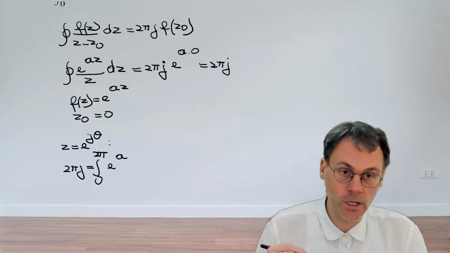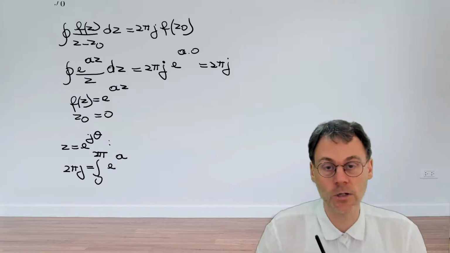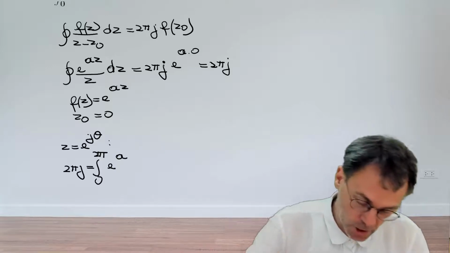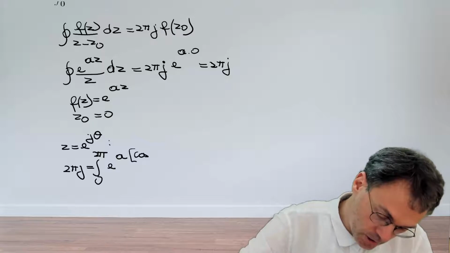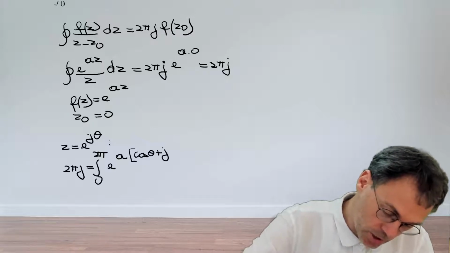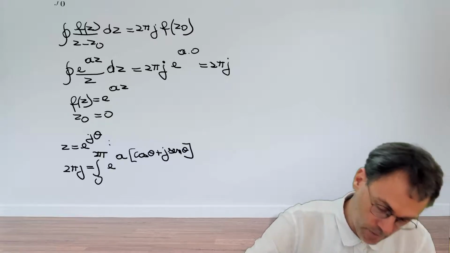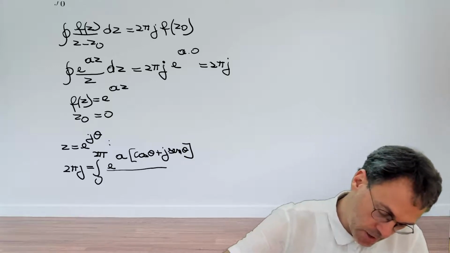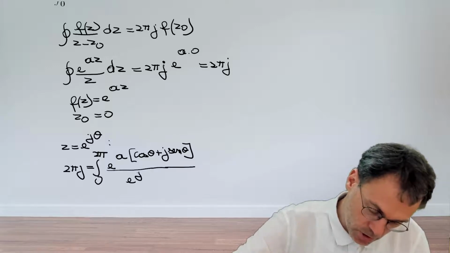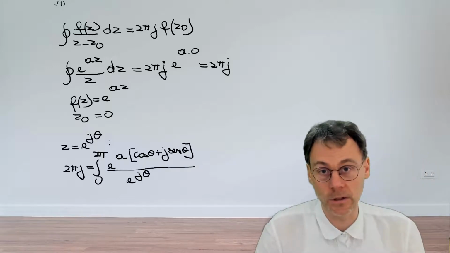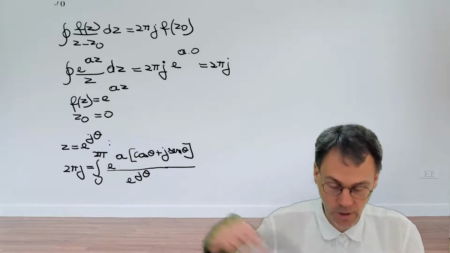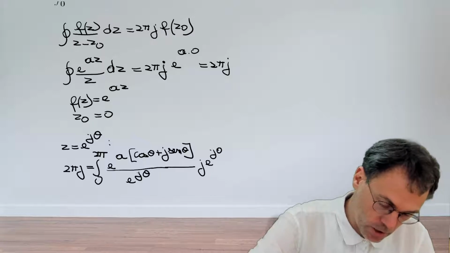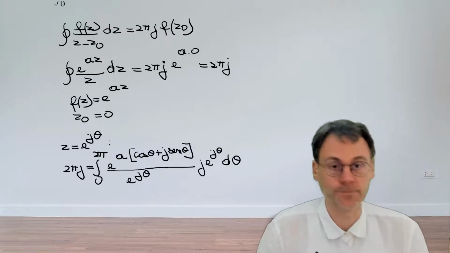Let's apply Euler here and write that as an expression involving sines and cosines, because this is basically what we're working towards. So this becomes cosine theta plus j sine of theta for z. And then we divide that by z, exponential j theta, and then we have dz. So we just take the derivative here of that expression, giving us j exponential j theta d theta.